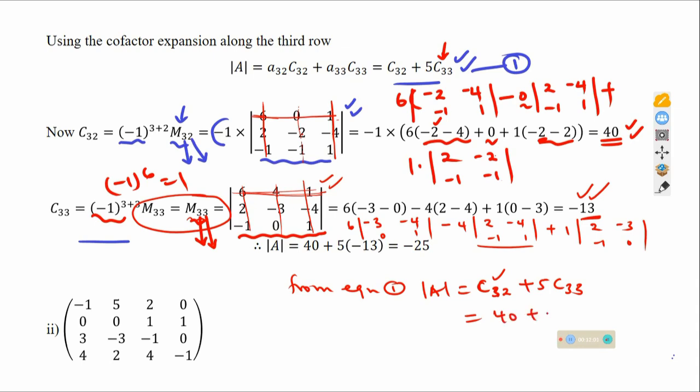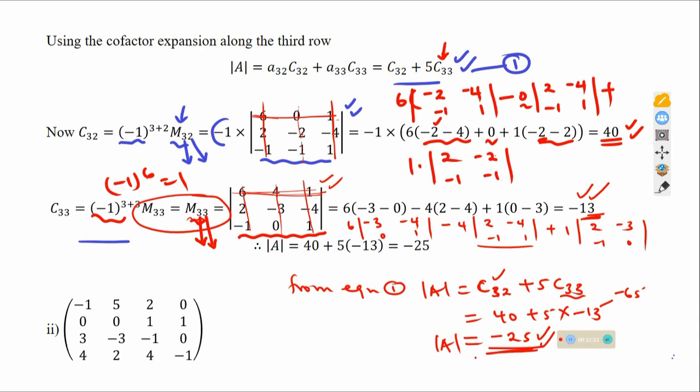Then you will add there 5 times the cofactor of 3, 3, which is negative 13. So when you try to simplify this, you should be able to get negative 25. So 5 times negative 13 will give you negative 65. So 40 plus negative 65 should be able to get negative 25. So that would be our determinant. That would be the determinant of A.